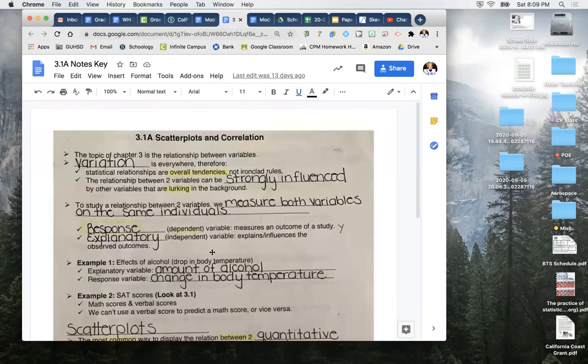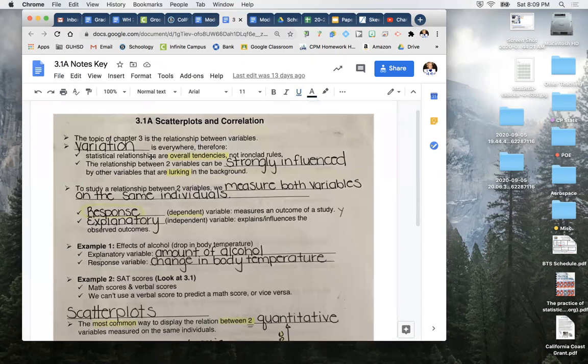With that being said, let's look at the notes. We are going to be talking about variation in data. This is the chapter where, in Algebra 2, or I guess, did you guys take IM? I can't remember, but in Algebra 2 or integrated math, you would have experienced the idea of a least squares regression line. That's kind of where we're going in this chapter.